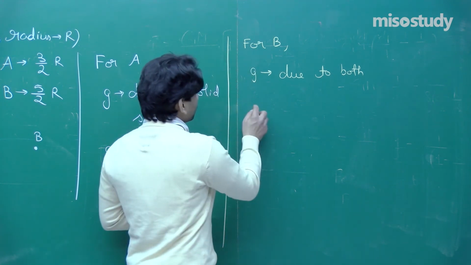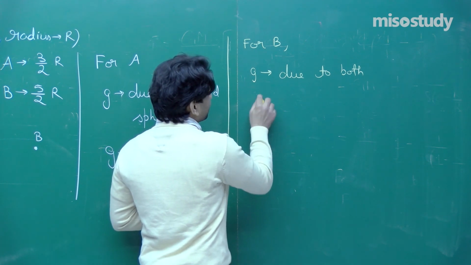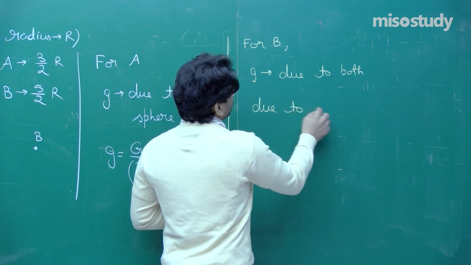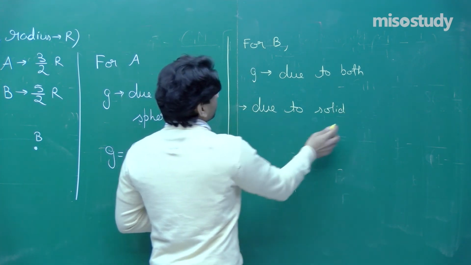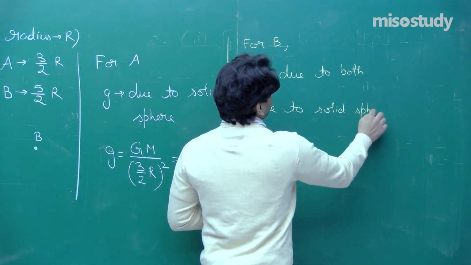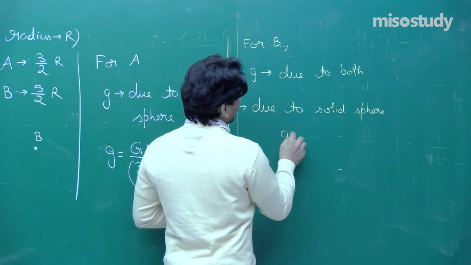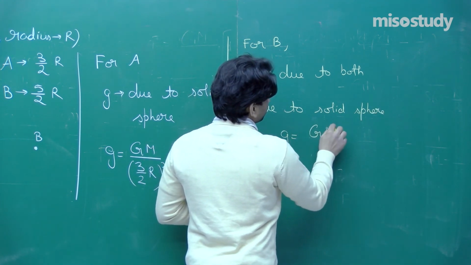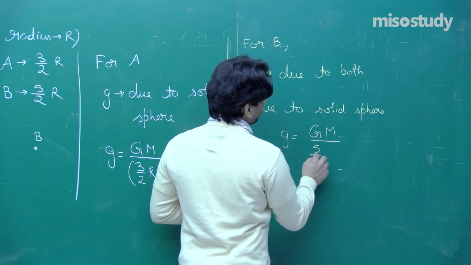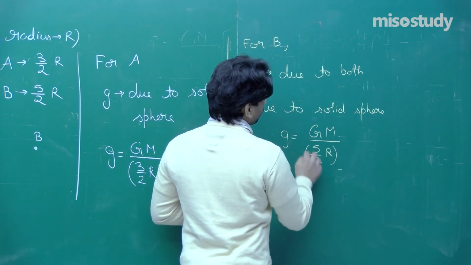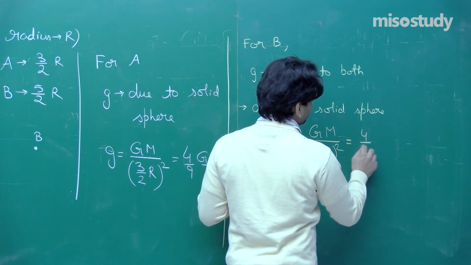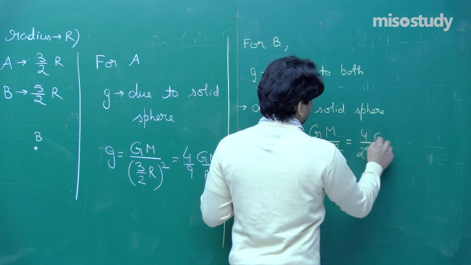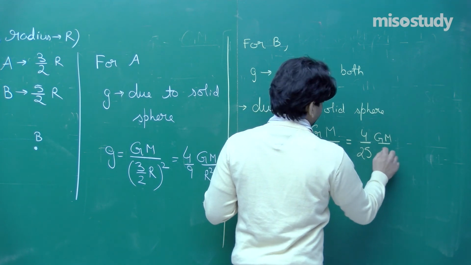So due to the solid sphere, we have the value of field as GM upon 5 by 2 r whole square, that will give us 4 by 25 GM by r whole square.